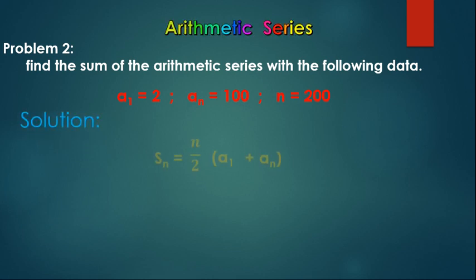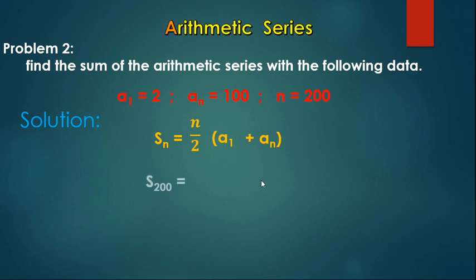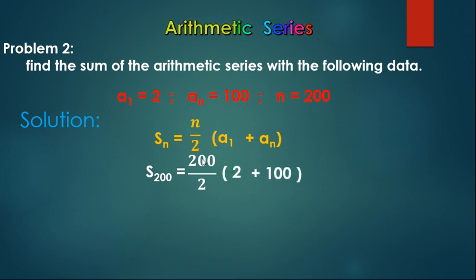So for our solution, substitute lang po natin yung values nung given natin. So we have s sub 200 since the value of n is 200. So meron tayong 200 over 2 here. And then a sub 1 is equal to 2 plus our a sub n which is 100. So let us perform this equation.